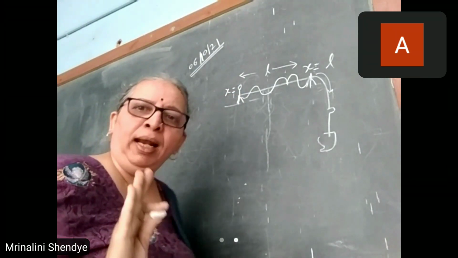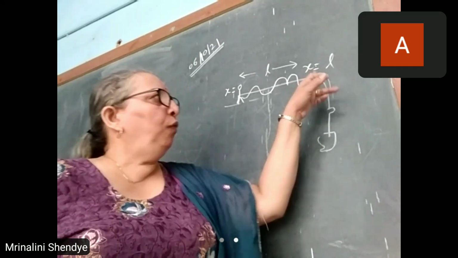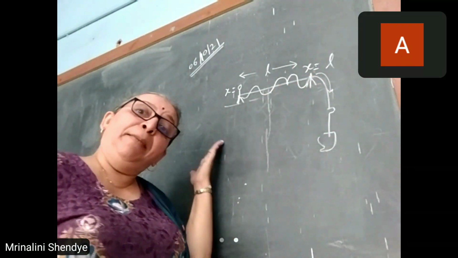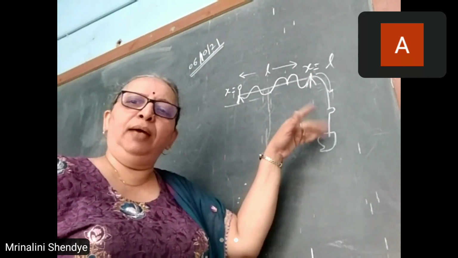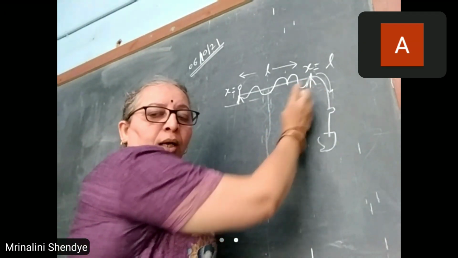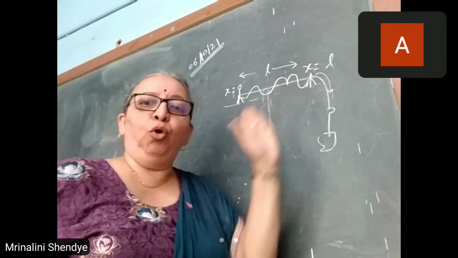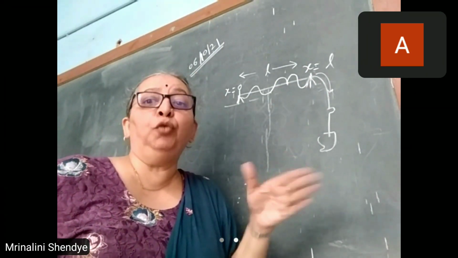Instead, by satisfying conditions, these waves will get reflected back from the rigid support. What is the condition? The particle at the rigid support should not be set in vibration.